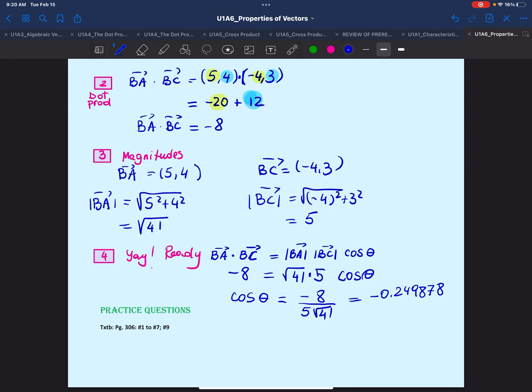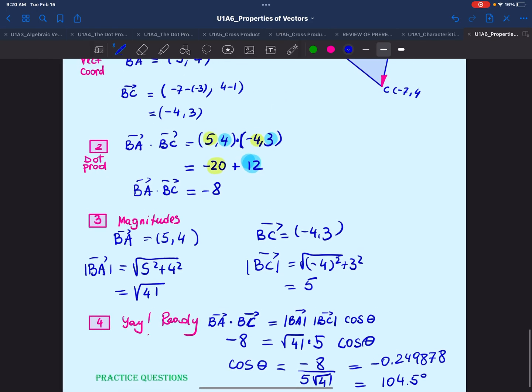So inverse cosine of negative 0.249. So I got 104.5 degrees, and I expected this because I see that the cosine ratio is negative, right?